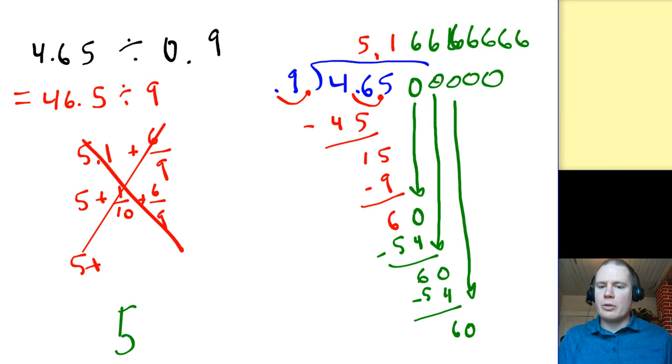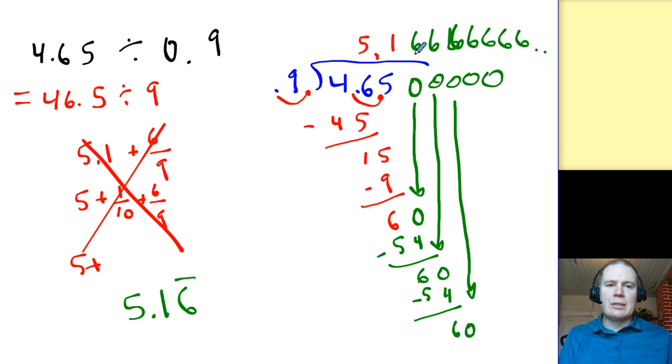Let's rewrite that. 5 point, the 1 is just there, and then the 6 repeats forever. And when we have a decimal that repeats forever, we put a line over it to show that it goes on. It's not 5.16 or 5.166 or even 5.167, right?